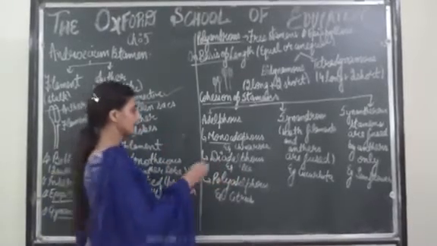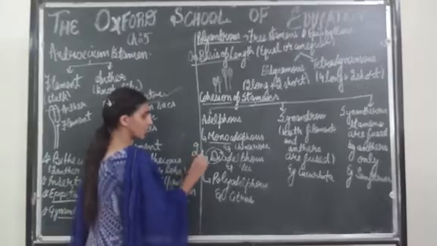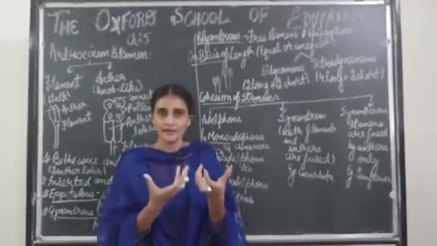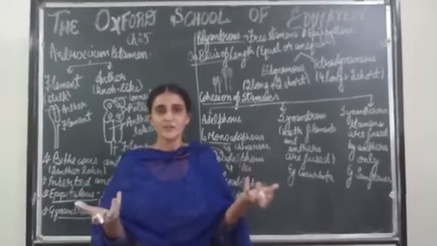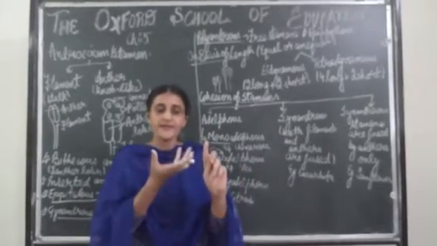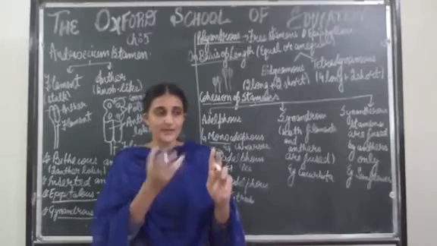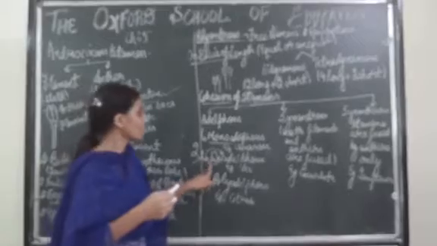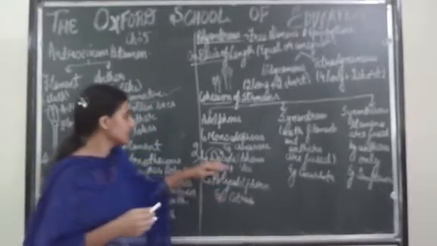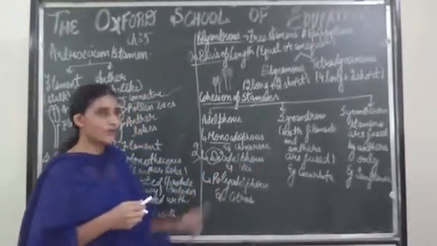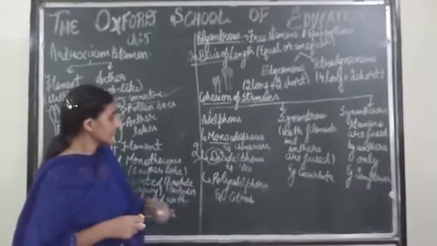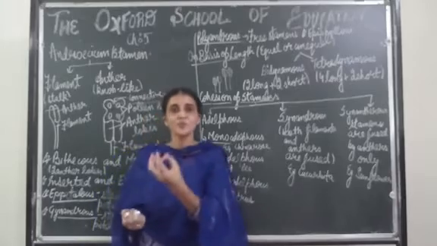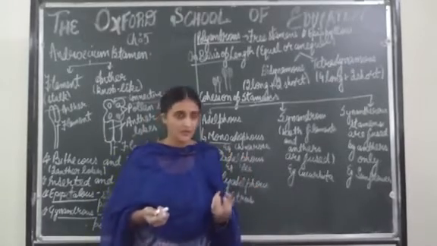Di means two groups or two bunches of stamens are found. One may lie here and another may lie here, like an arrangement where one stamen is here and 9 stamens are fused with each other. That means two groups are found. In that category, we call those stamens diadelphous. Example is pea. Third is polyadelphous. Poly means many groups of stamens are found.